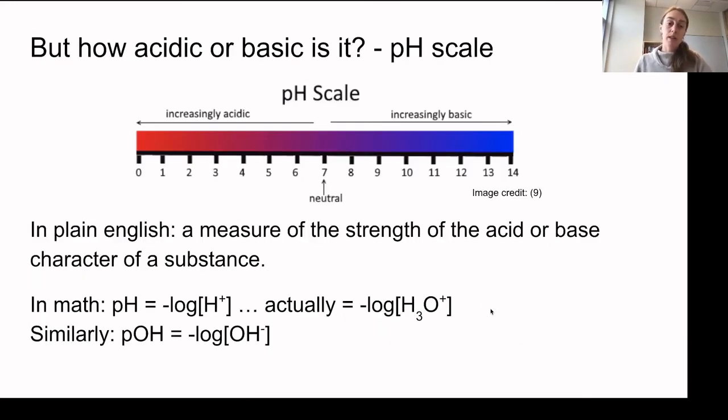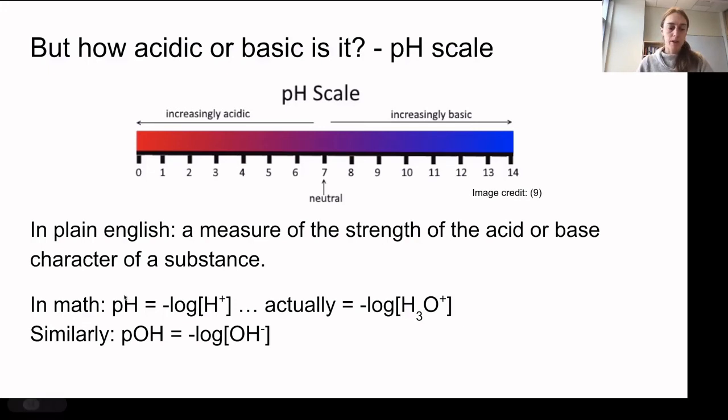But how acidic or basic is it? We've so far just talked about losing single or up to 3 protons. We can use the pH scale to determine how acidic or basic some solution is. So in plain English, the definition is a measure of the strength of acid or base character of some substance.